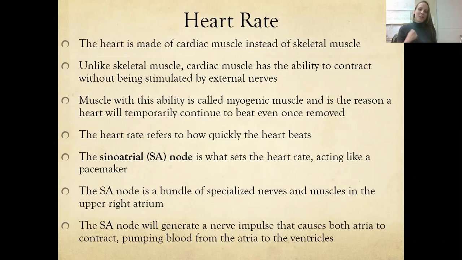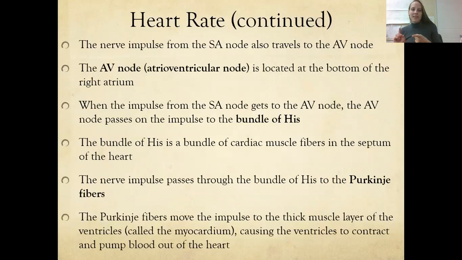And so the SA node generates a nerve impulse that causes both atria to contract, and that pumps blood from the atria down into the ventricles. And then the nerve impulse is also going to travel to another bundle of specialized cells called the AV node. The AV node, short for atrioventricular node, is located at the bottom of the right atrium.